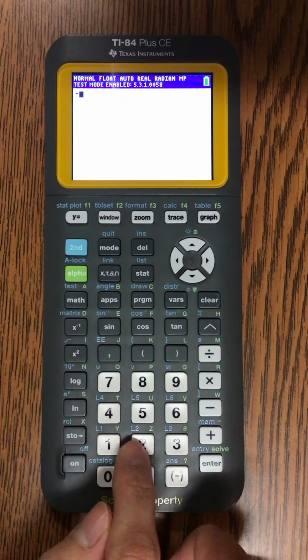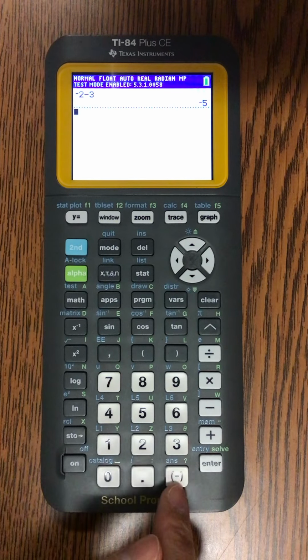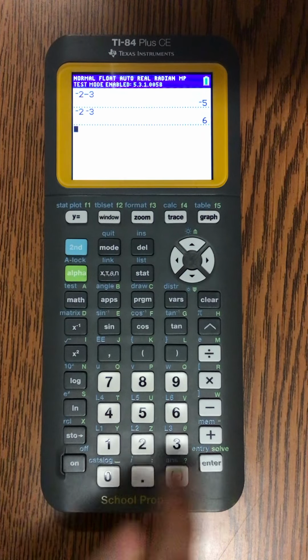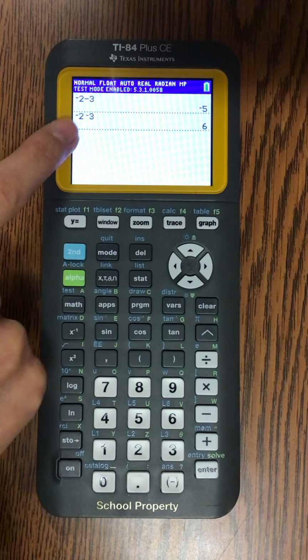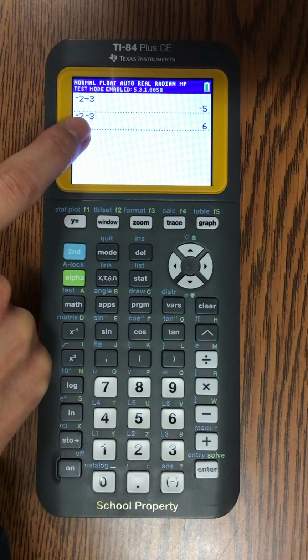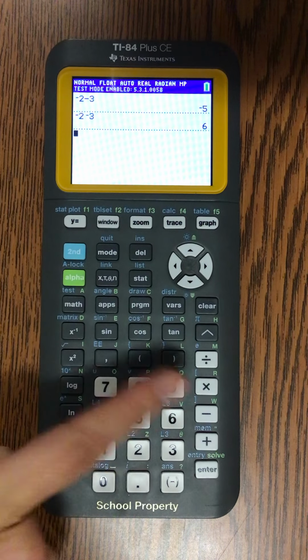So if it was -2 minus 3, we know it's -5. Whereas if you accidentally use the negative symbol for the -3, your answer will not be the same. So it is very important that you can differentiate between those two symbols. The shorter one is the negative and the longer one is the subtraction. So do not get them mixed up.